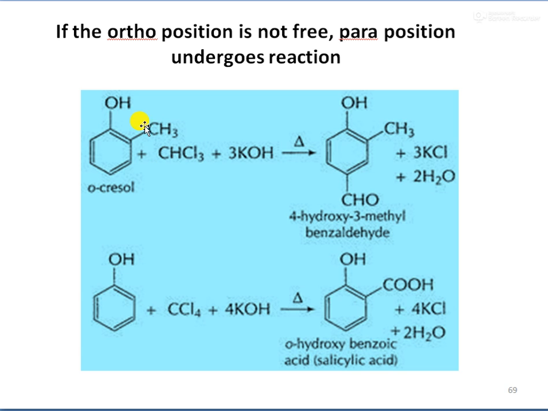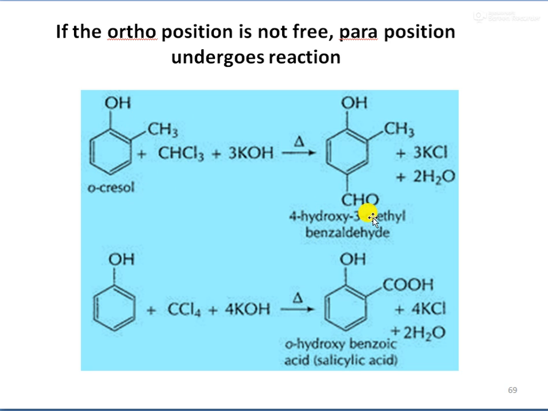If the ortho position is occupied or hindered, then in the Reimer-Tiemann reaction the substitution of the CHO group will occur at the para position. So in this case of ortho-cresol, the ortho position is substituted by a CH3 group. Therefore, the CHO group will bond at the para position.